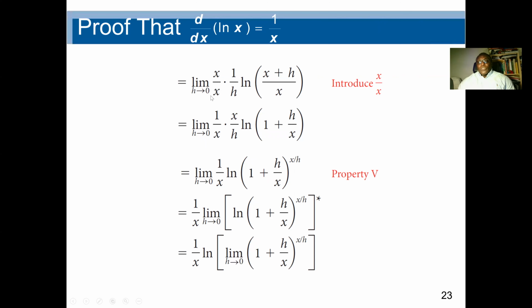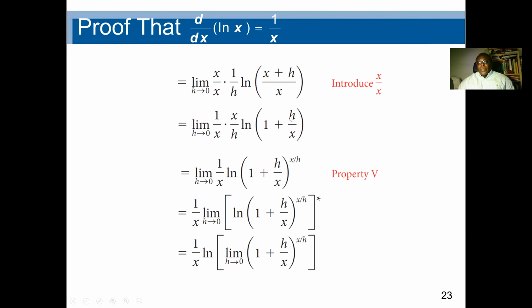Then here we introduce x over x, which again is 1. And the goal is to get 1 over x times x over h times natural log of 1 plus h over x. Again, we have here x plus h over x is the same as x over x plus h over x. So x over x will give me 1 plus h over x.